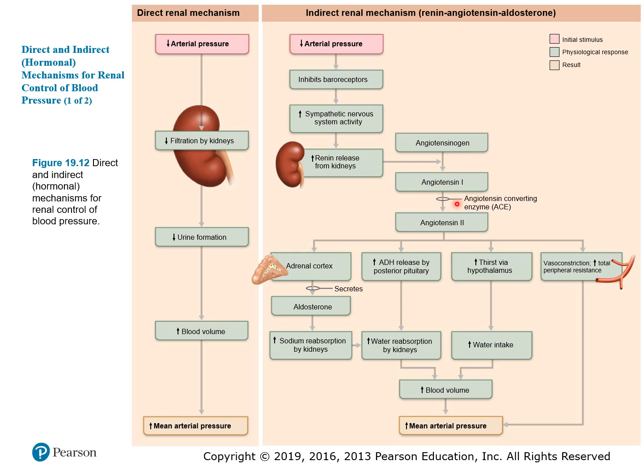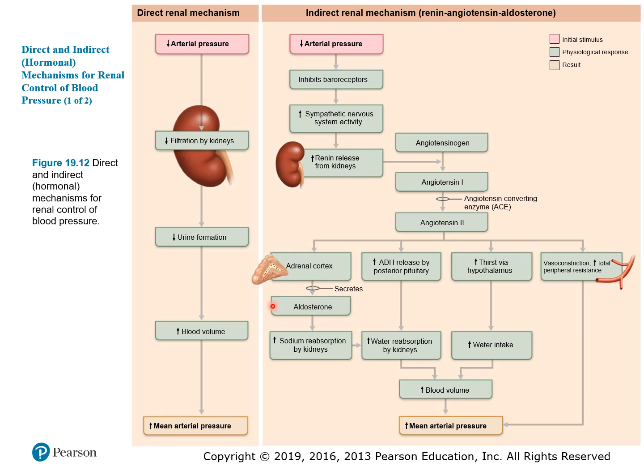Then an enzyme known as angiotensin converting enzyme, secreted by the lungs, acts on angiotensin 1 and converts it into angiotensin 2. Now this angiotensin 2 has been made, and what does it do? It stimulates the adrenal cortex, and when the adrenal cortex is stimulated, aldosterone is secreted.